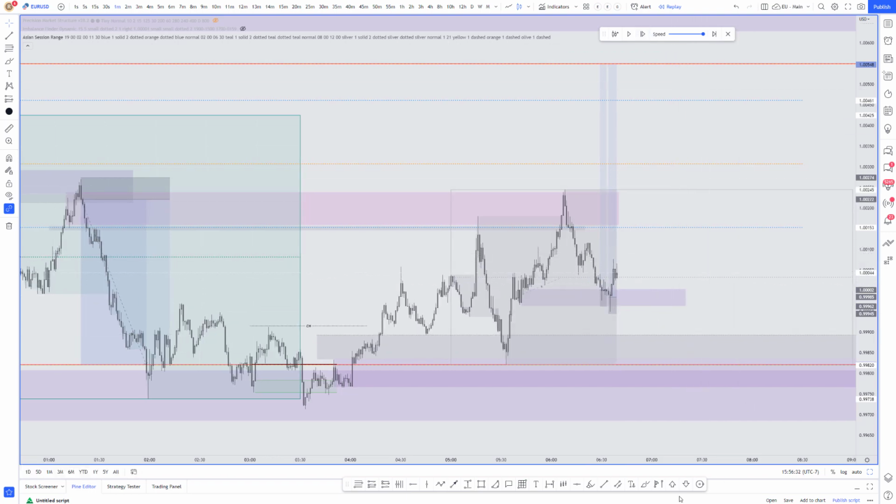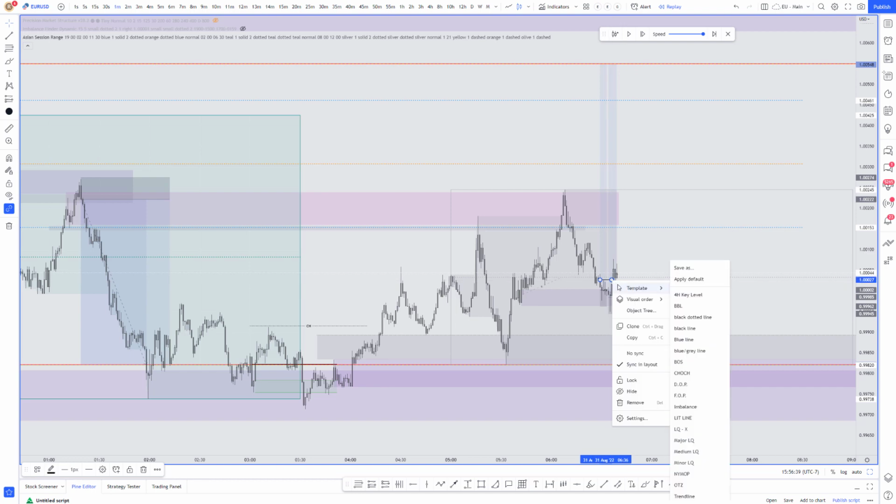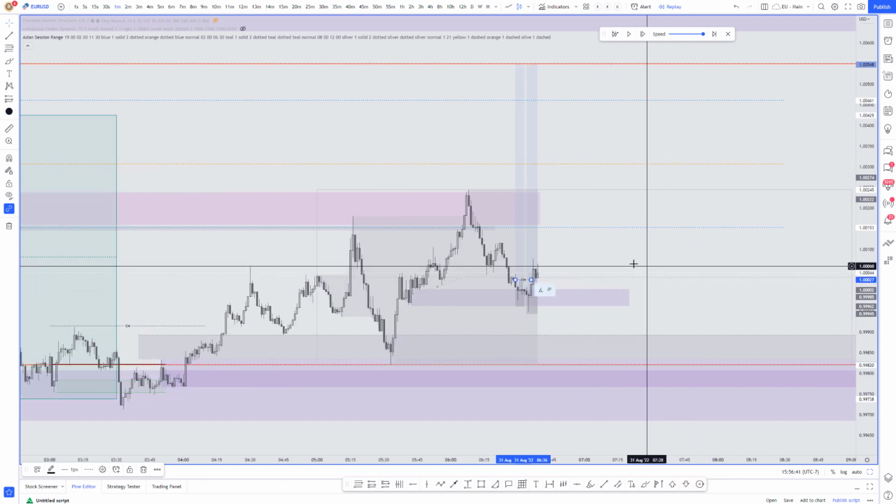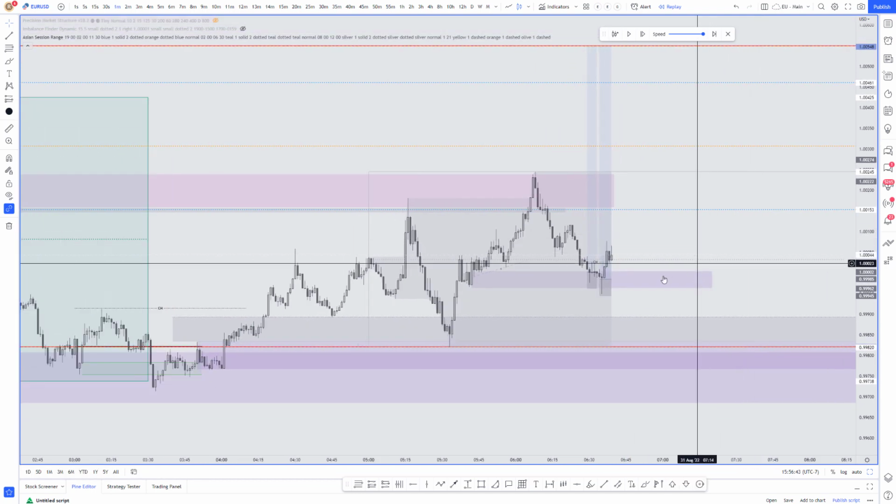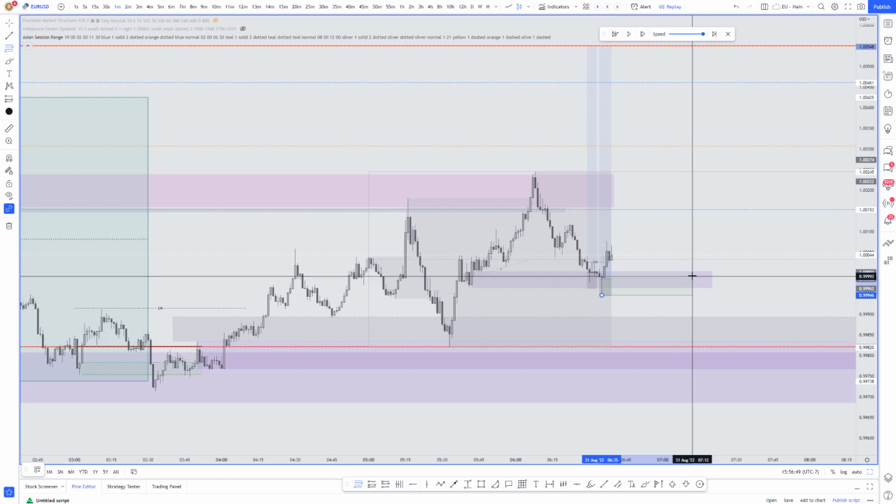So now we also have a chalk off this area. So I know that there's a very high probability this chalk is going to get retested. So I'm going to leave my stops open.